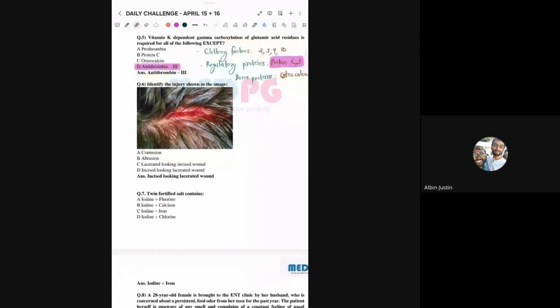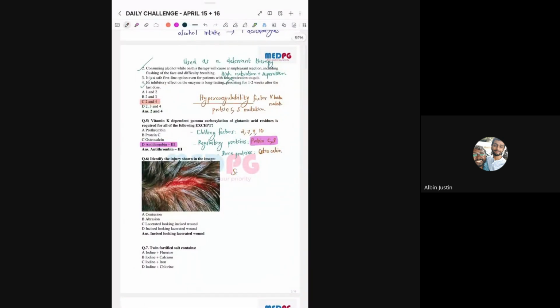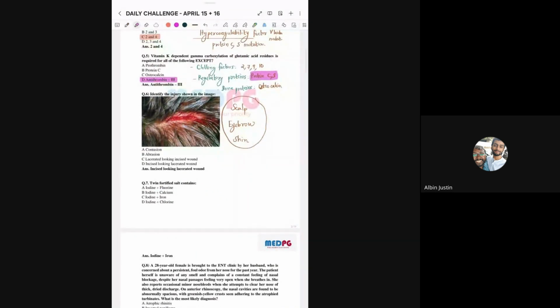Okay. Next question. Identify the injury shown in the figure. So for injury identification, any wound on the scalp, the eyebrows, or the shin, always suspect something called an incised looking lacerated wound.